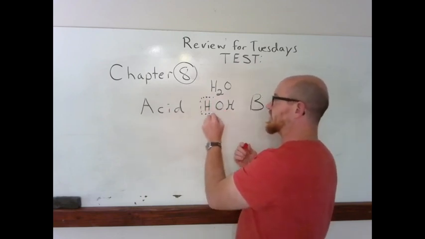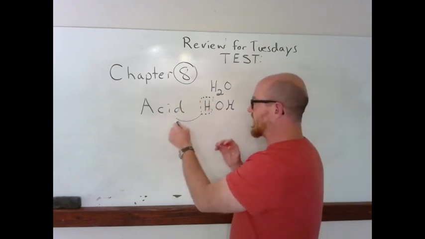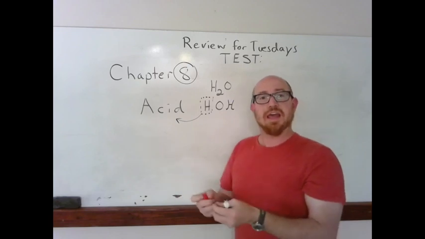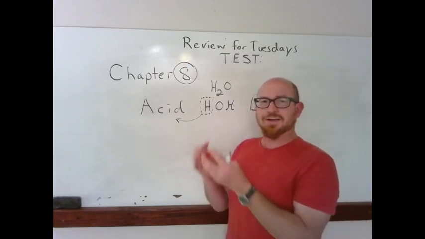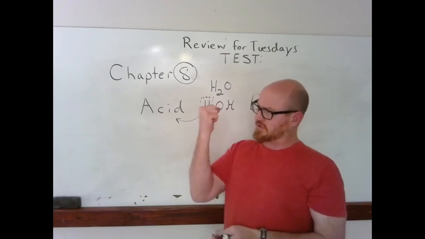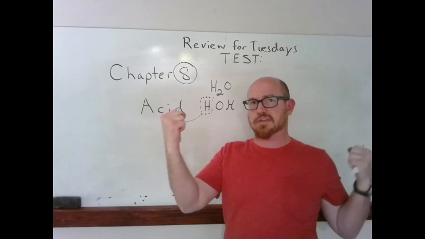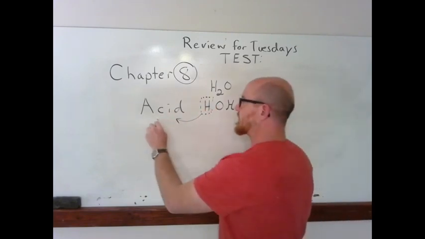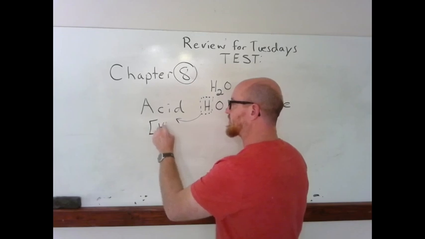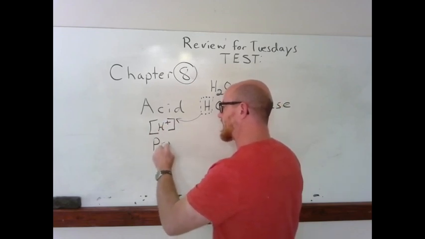This hydrogen breaks apart from the water molecule and it goes over here. To do that, it leaves its electron behind. So you've got a hydrogen atom, which is nothing more than just a proton and an electron going around it. And that electron gets taken away, you've just got a proton. So this becomes a hydrogen ion, which is nothing more than a proton.